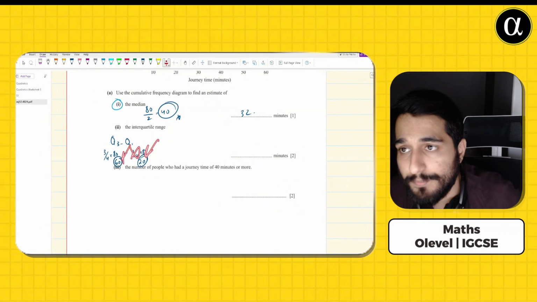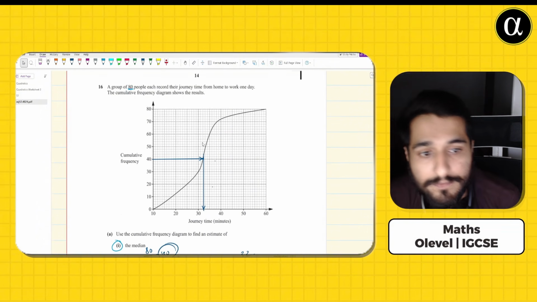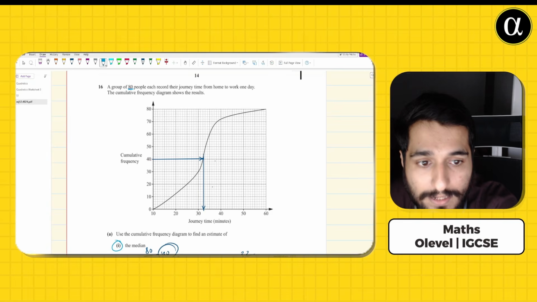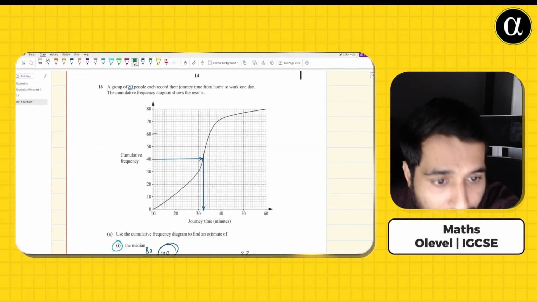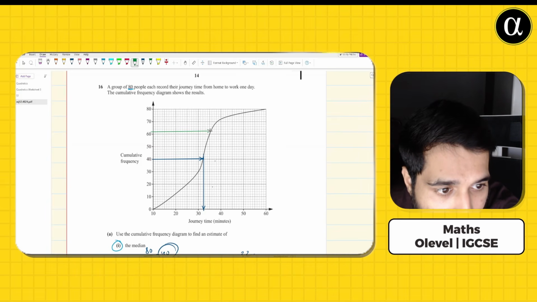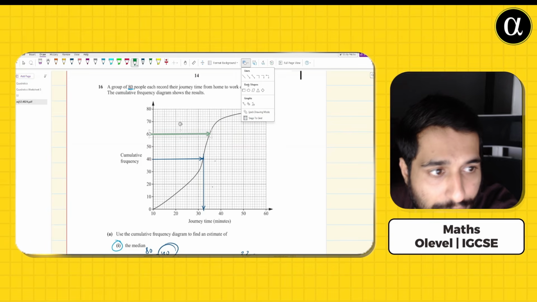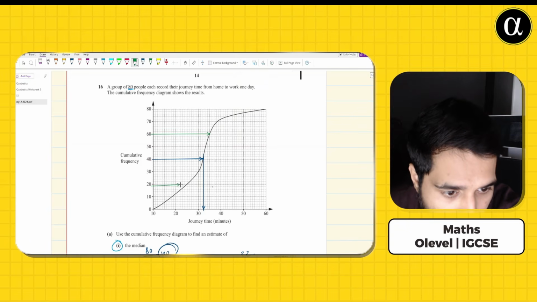No, that's not what we're supposed to do. Instead, for the case of upper quartiles, lower quartiles and interquartile ranges, what we do is read the corresponding values from the y-axis. So again, we'll read the value for 60 over here, and then we read the value for 20 over here as well. Apologies, so it's going to be somewhere over here.